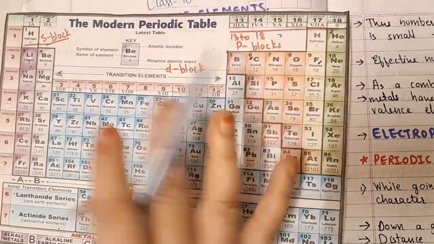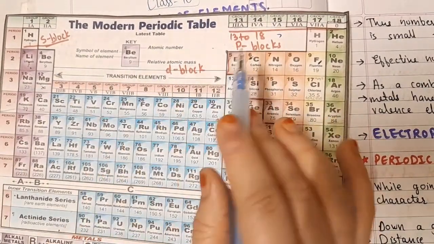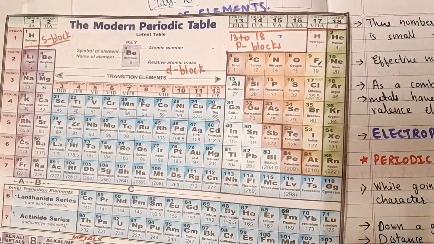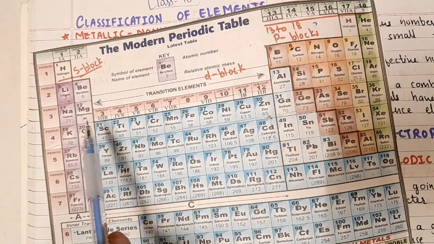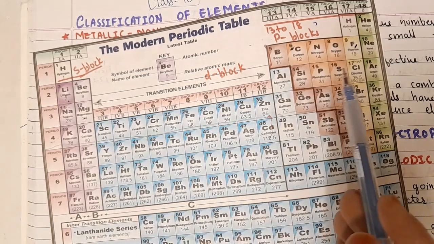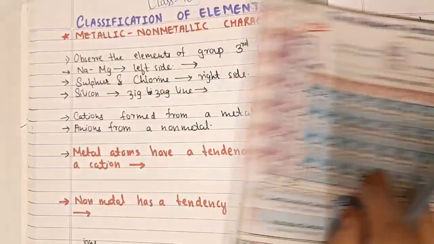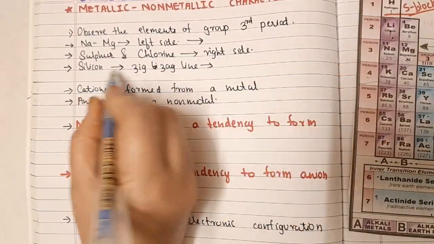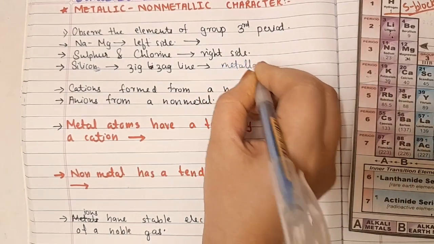This is for period 3, but a similar pattern is observed in the other periods also, like second, fourth, fifth. In each and every period, metals are towards the left side, non-metals towards the right side, and metalloids are present along the zigzag line.